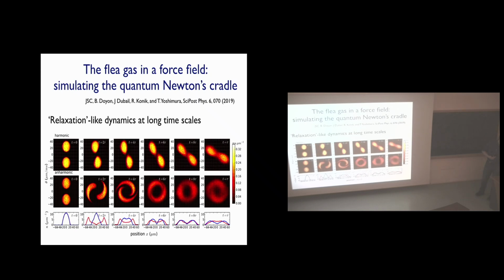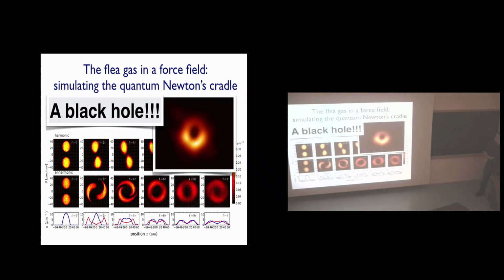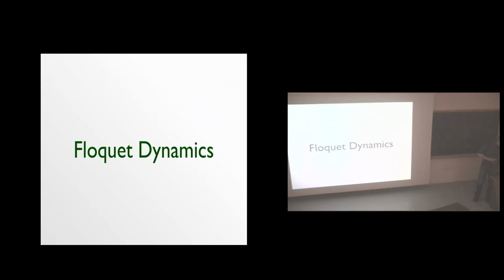And as a final thing, I was very disappointed because we published that before the big collaboration, and I was very happy that they ended up seeing our simulations, because of course they didn't see a black hole. I'm going to drop the Floquet dynamics bit here, the private discussions on this.